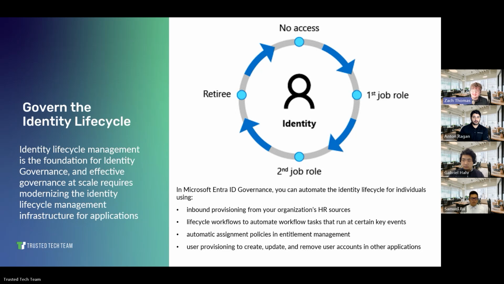But as far as the actual cycle goes, there's even more automation options. You can utilize dynamic groups based off of the department to assign them to a security group that will allow them to access the needed documents or the needed systems that they need to access. And let's say that role changes.